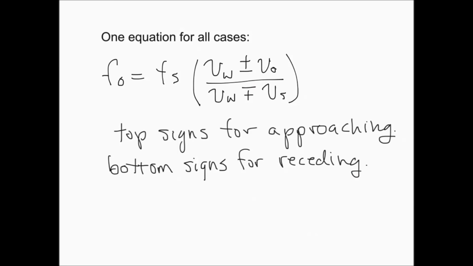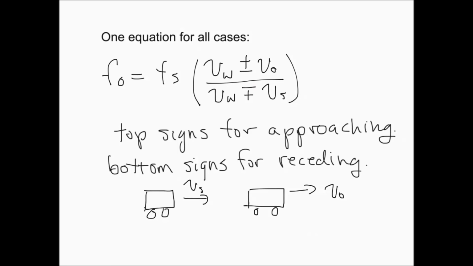So imagine if we had a police car chasing a bank robber or something like that, and we want to know what frequency the observer hears. Well, here's the siren, and it's putting out the waves.